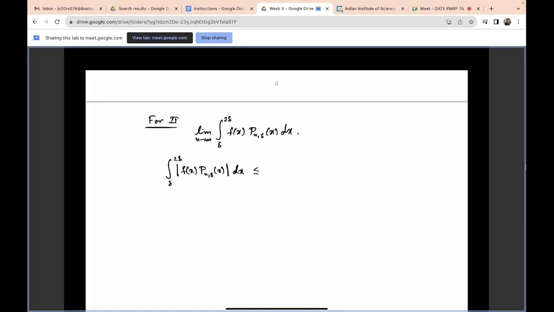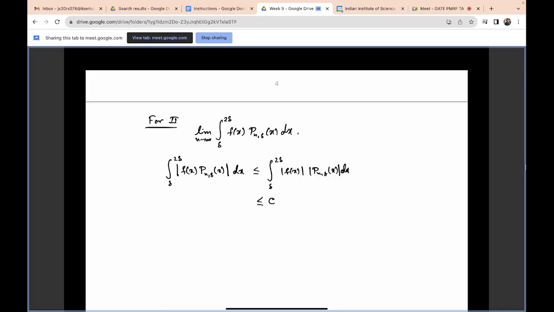So then this is less than, because note that f is continuous, so f is bounded, that we have said earlier. So this is the integral of mod of f(x) times P_n,delta(x) dx, which is at most c times the integral.